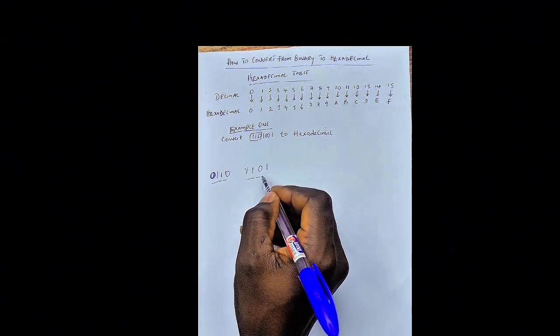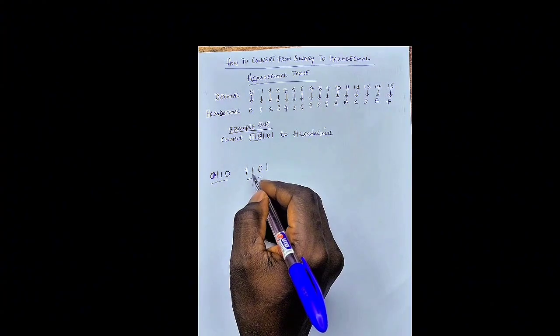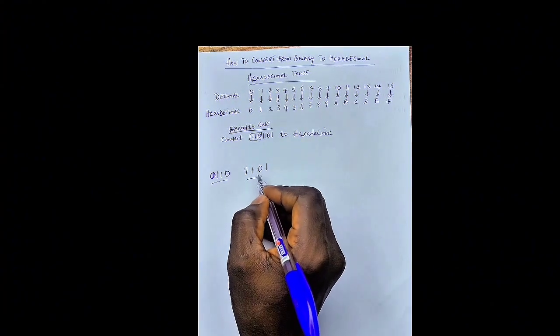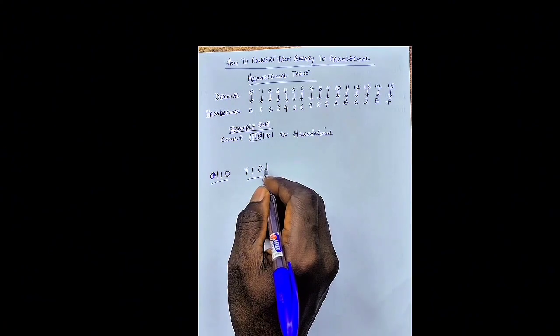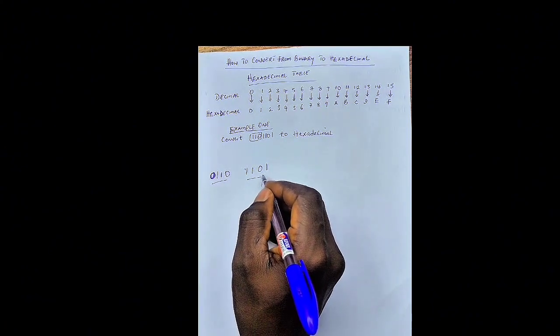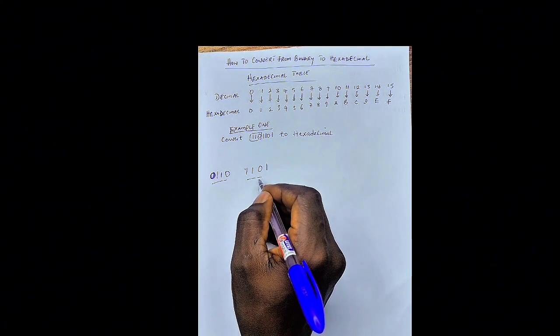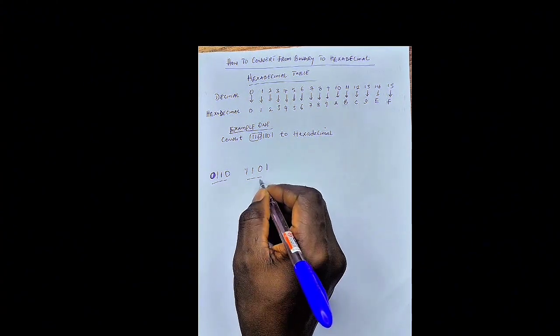Now we want to convert each group into hexadecimal, starting from the first group, which is always from the right. Since it is binary, you are going to multiply by powers of 2.